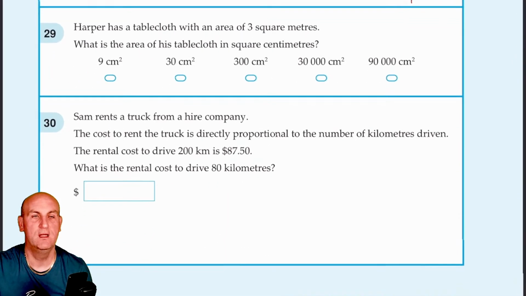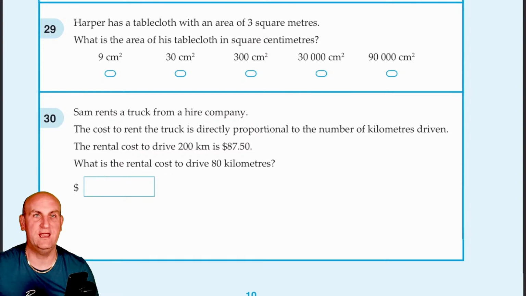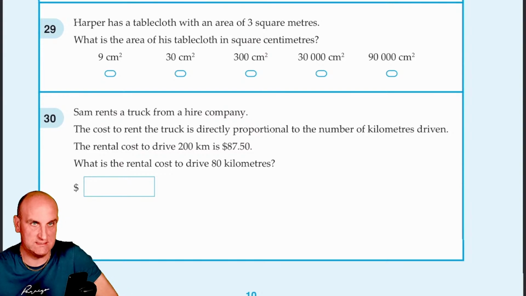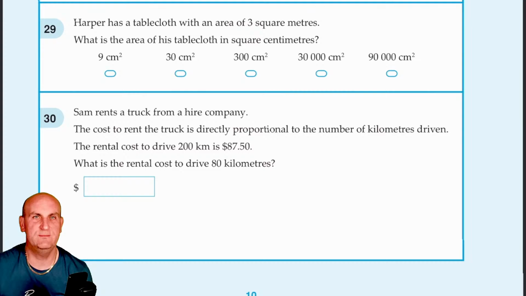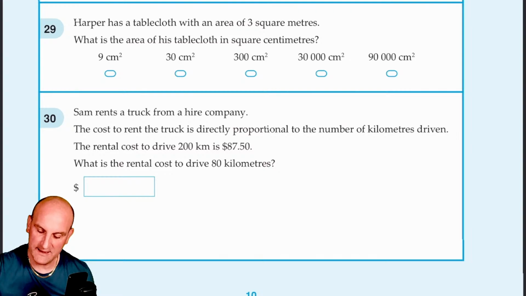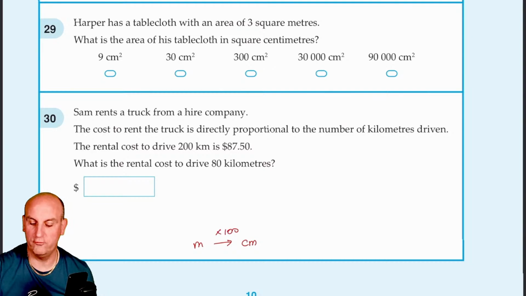Harper has a tablecloth with an area of 3 square meters. What is the area of his tablecloth in square centimeters? If I have meters to centimeters, I times by 100, because there's 100 centimeters in a meter.